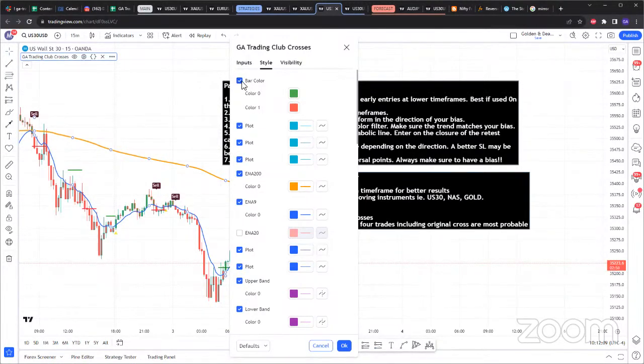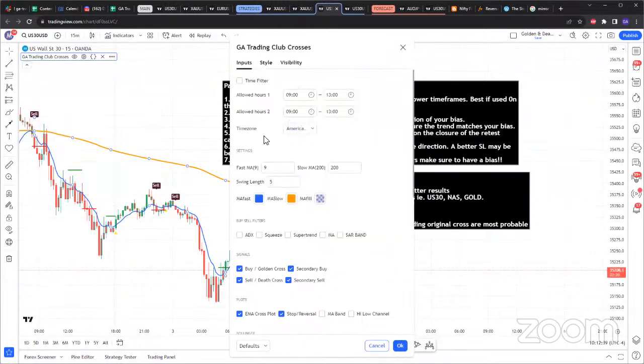If you turn on the bar color option, and for me, I have it on all my indicators, it will color the bars based off of position above or below the 9 EMA. So every candle that's above the 9 EMA or in and around the 9 EMA, depending on the margin of error, will be a green candle. Every candle that's below the 9 EMA plus or minus a few errors of margin will be a red candle. So that's the next improvement.